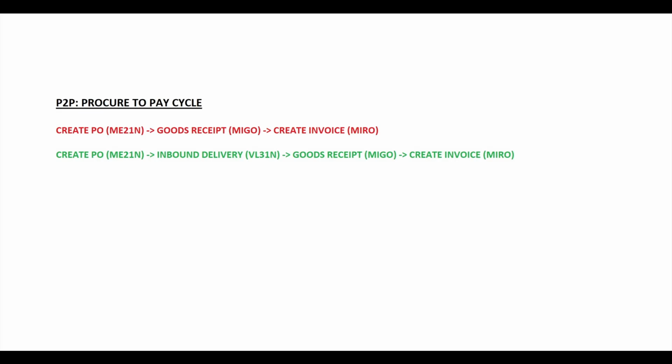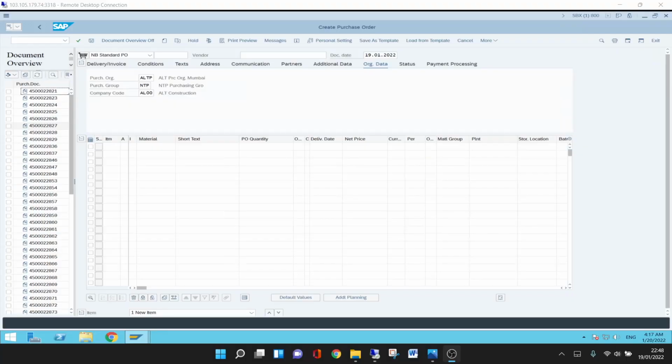We will create the inbound delivery in VL31N, and finally we will receive the goods through the MIGO transaction. I'll show you manually how I'm going to create the purchase order and do the inbound delivery first. Then I'll show you how it is done through the IDocs.